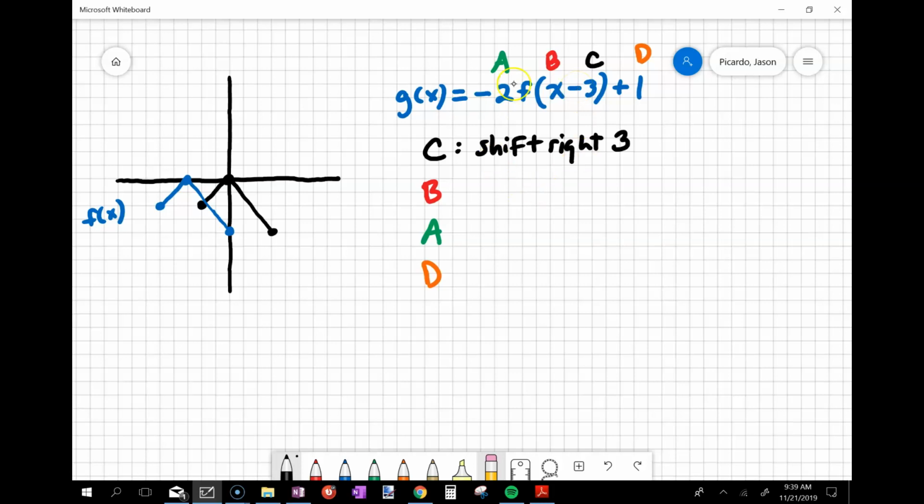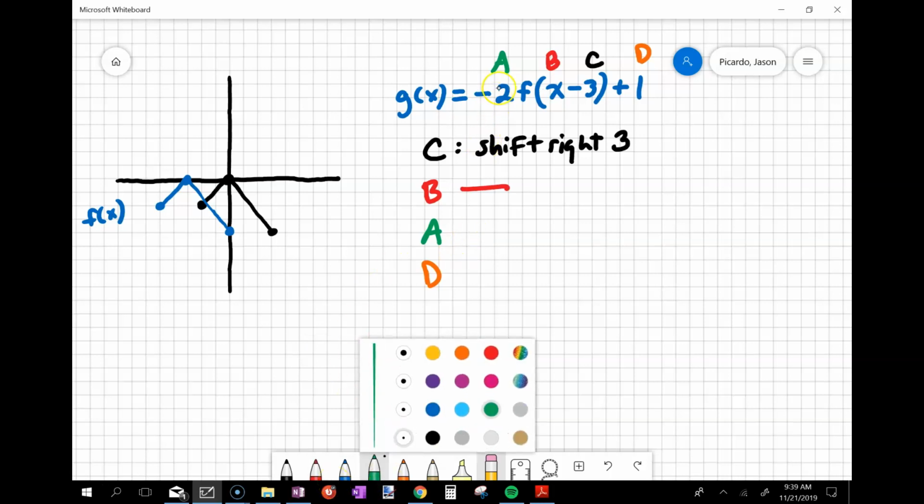Okay. The B value is 1. Is that going to affect my graph at all? No. All right, so we're not going to worry about that. My A value is a -2. Now, what did I say? I said when we're inside, that changes the X's, right? Which means when I'm outside, it changes the Y values.